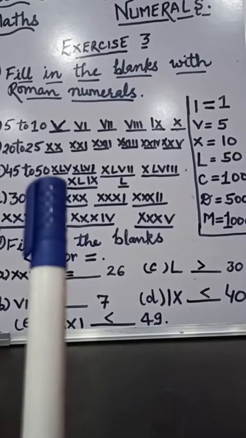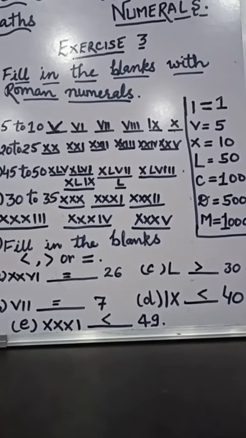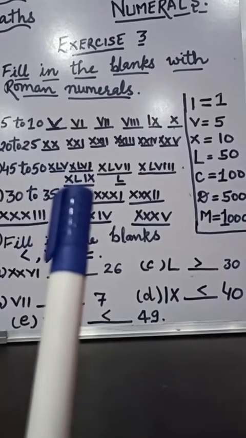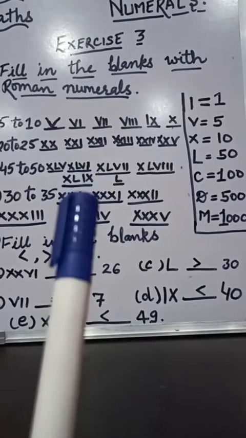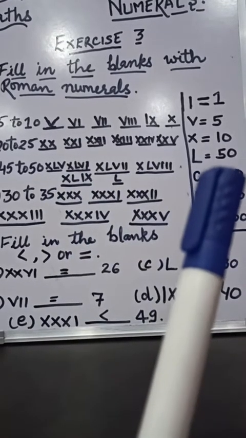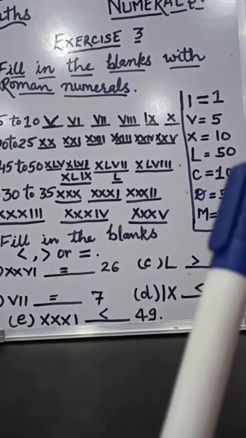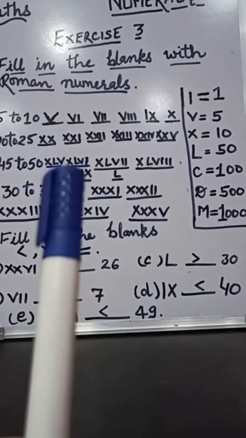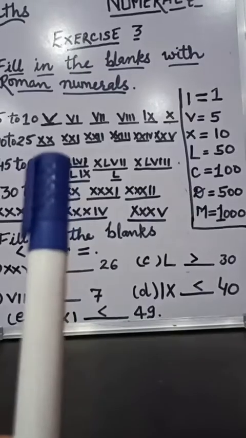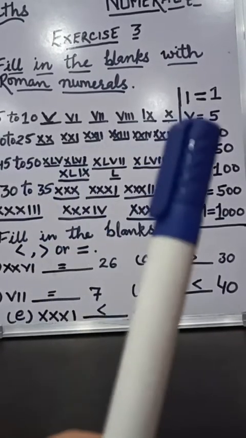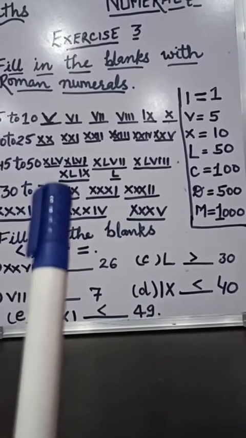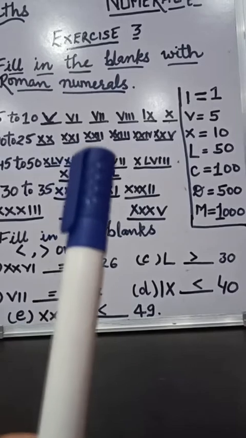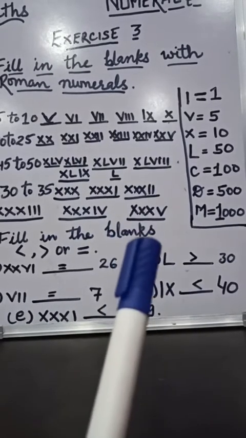Now 45 to 50. How are you going to write 45? So first of all X, then L. Let's see what's the value of L. Value of L is 50. So X before L, 50 minus 10, that is 40. Then V for 5. Clear all of you? In this way you have to write 40. If simply it is given write 40, then how are you going to write?